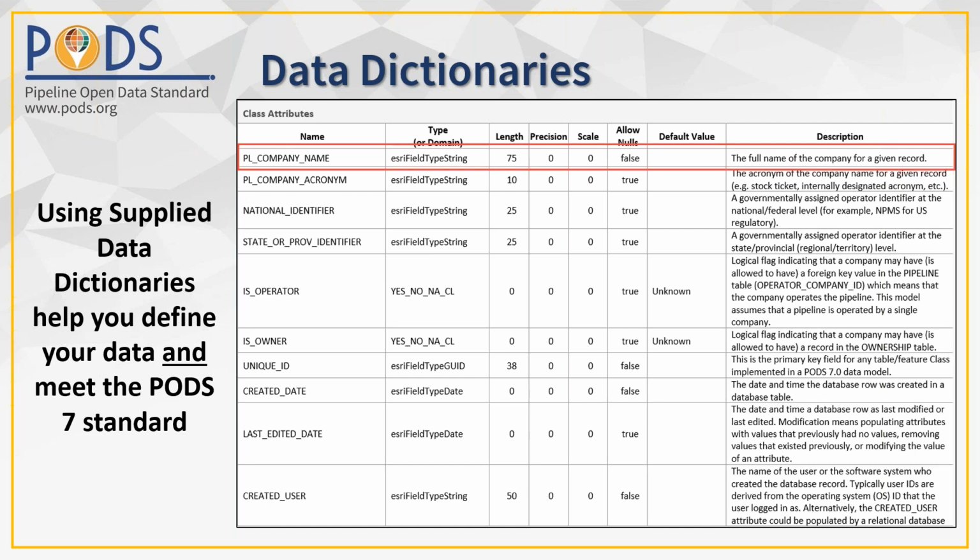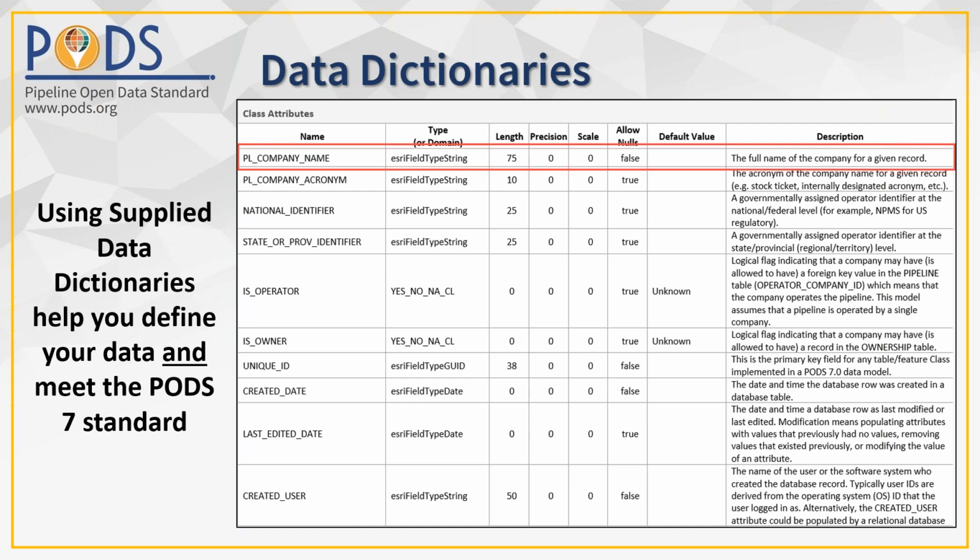Allowing null values: is it permissible for someone to leave that field blank if they're entering new data? Can it be 0 or can it be blank? If it's false, that means no, it has to be populated. And then there's a description of what actually goes in that field of data.